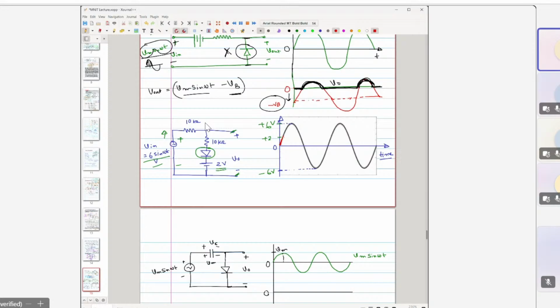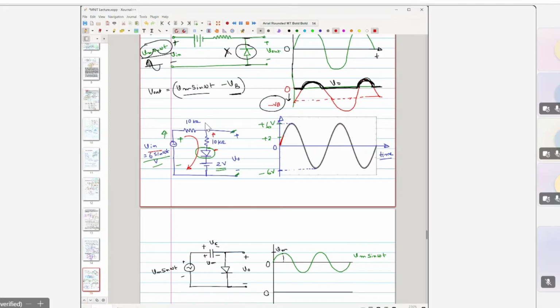Now what will happen once this V in is changing? When V in has crossed 2 volt, current will flow through it, and when current flows, it will also create a voltage drop. How can you find it?